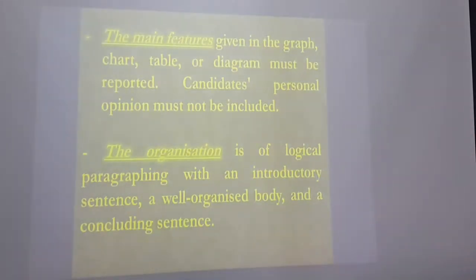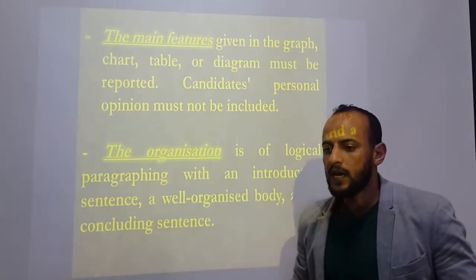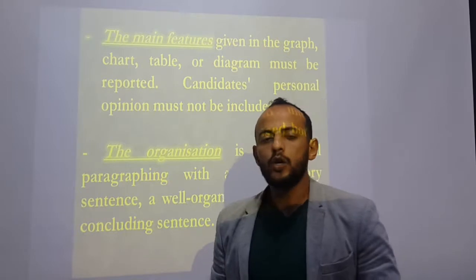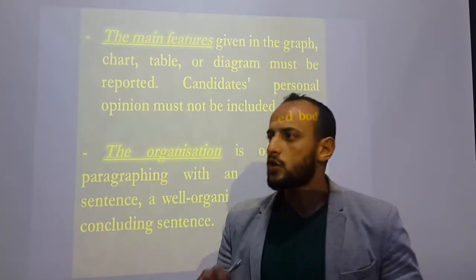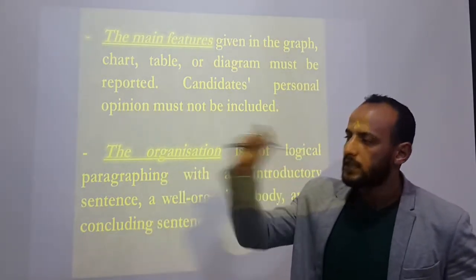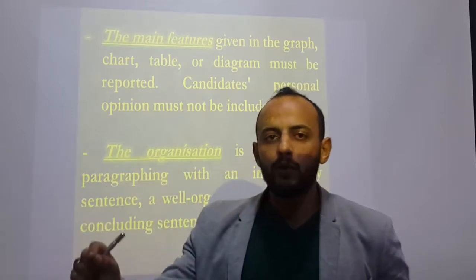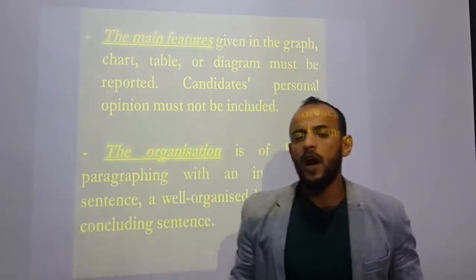Okay, the third point we have is that the main features given in the graph, or the chart, or the table, or diagram must be reported. The candidate's personal opinion must not be included. Here, in Task 1, you are going to talk about a fact. You describe something that you see, the chart or the table, or any of the graphs.